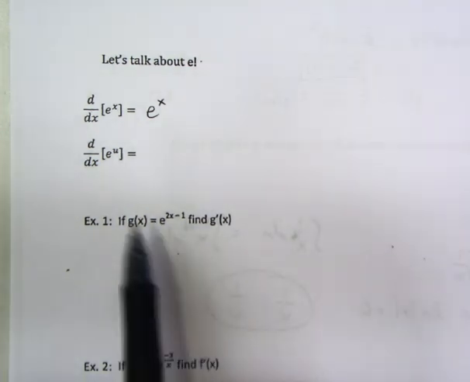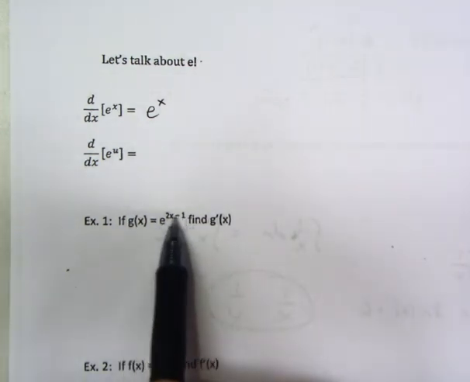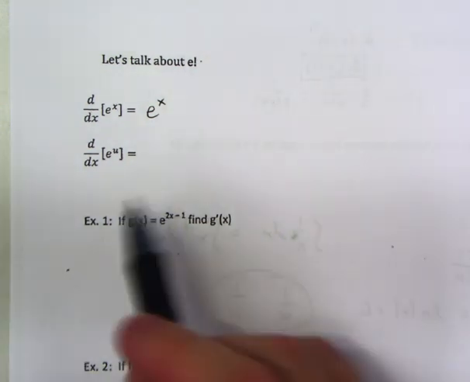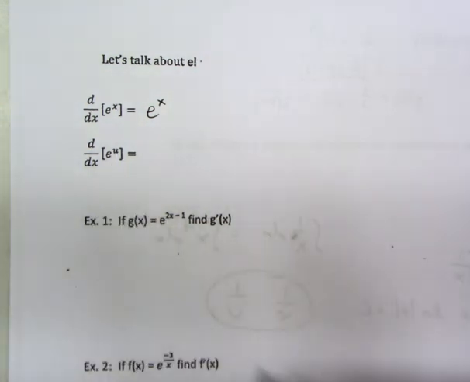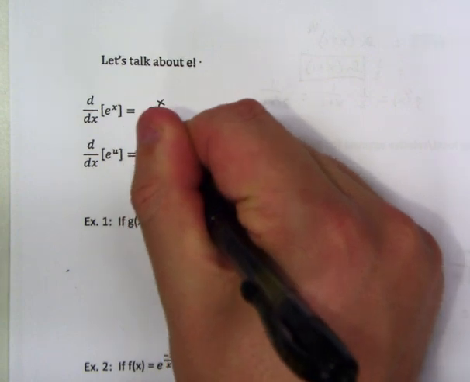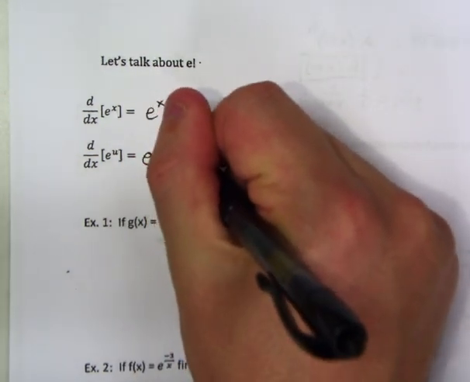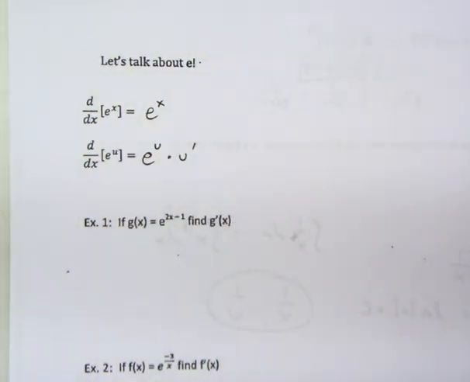A lot of times e is going to be raised to a function of x, so all that happens is chain rule. So if we want to find the derivative of e to the u, it's e to the u, it's exactly what you see, and then times the derivative of u, times the derivative of the inside of that exponent. So the e one is really nice.